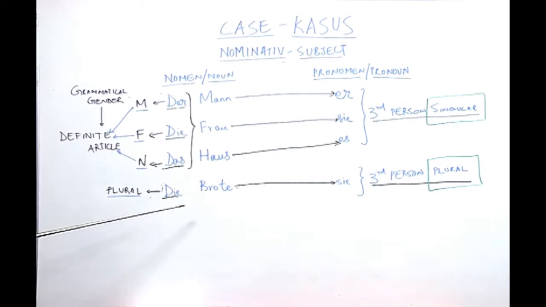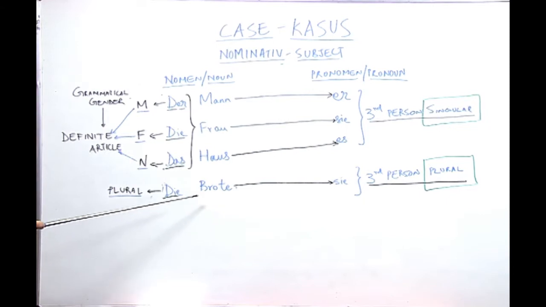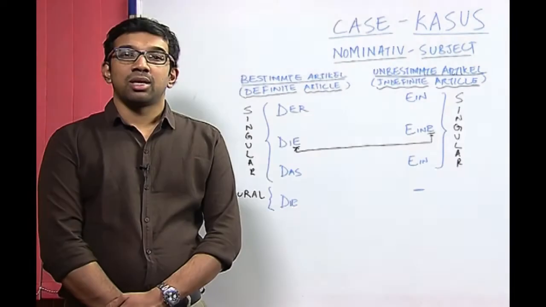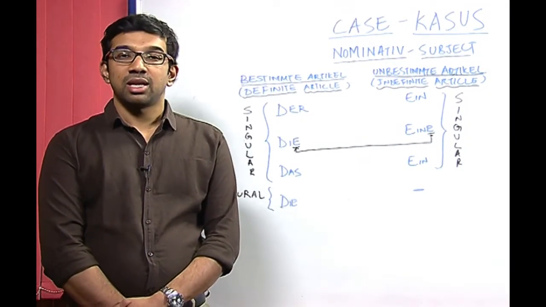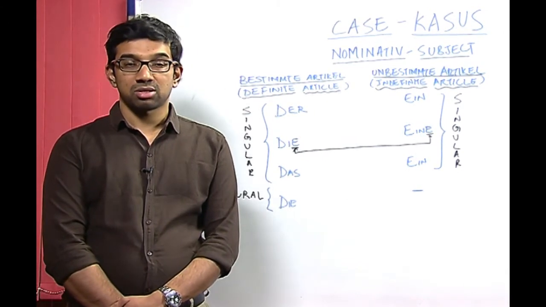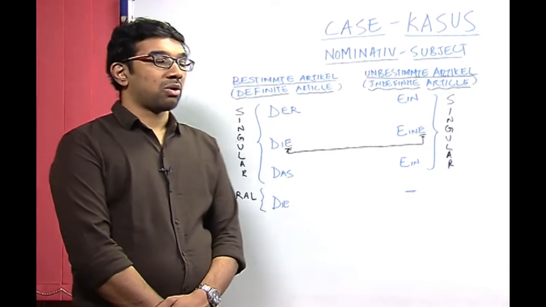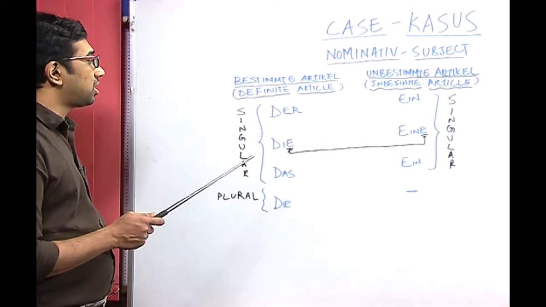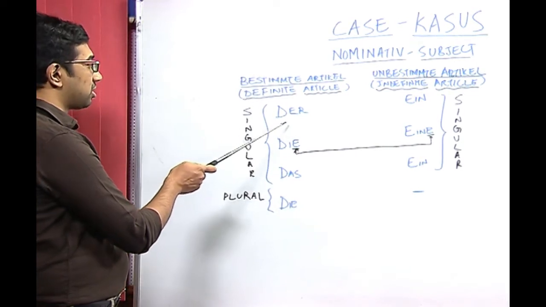Now, let us look at how these articles are used in some other context. Since we are dealing with the nominative case, let's look at some other aspects of the case, which includes, as you know, the noun. Now, in the German language, as I told you, there are 3 articles and they are also marked by the gender.